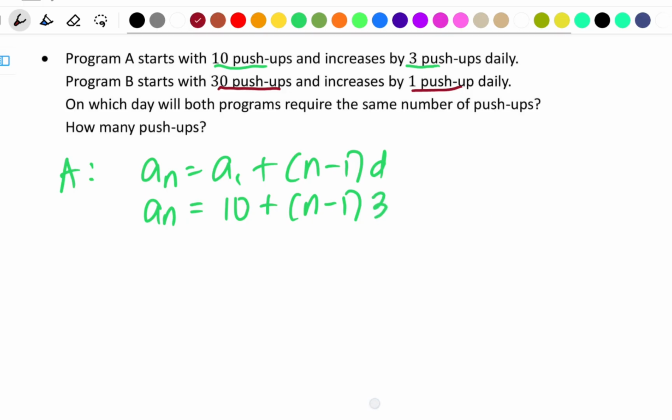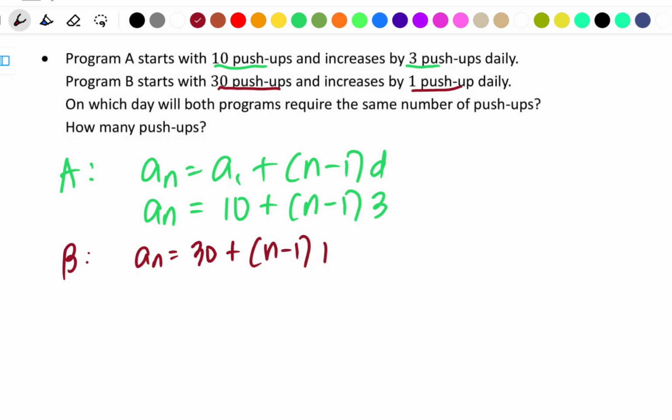For program B, the nth term is 30, that's A sub 1, plus n minus 1 times 1, which is the common difference.